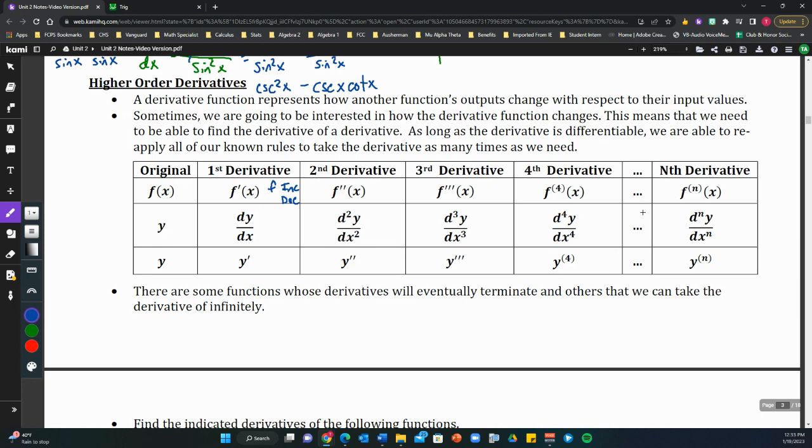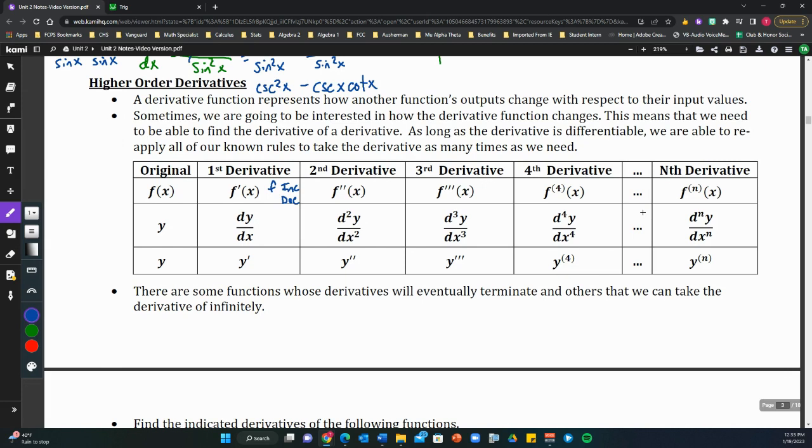Now, notationally, what you need to worry about depends on what the original form looks like. There are multiple ways to write these. In the function notation, which we use a lot, remember the prime symbol is what indicates that it's a derivative. So if I take the derivative of that function, then we add another little prime symbol. That is f double prime of x, or the second derivative.